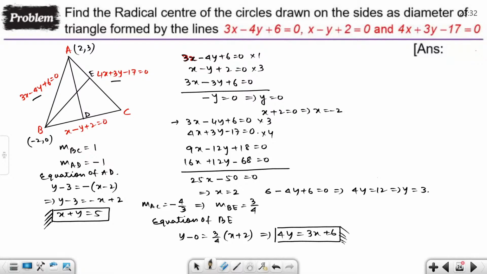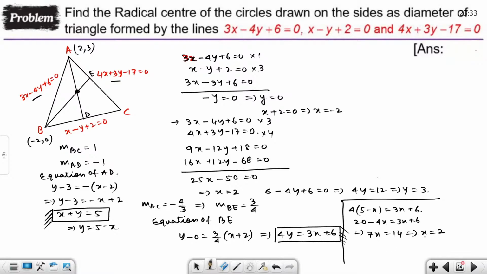Now if we solve these two equations, we are going to get the orthocenter, right? Which is actually in this case our radical center too. Okay? So let me replace y from here. It's 5 minus x. So if we put it here, x is coming to 2, and if x is 2, your y is coming to 3.